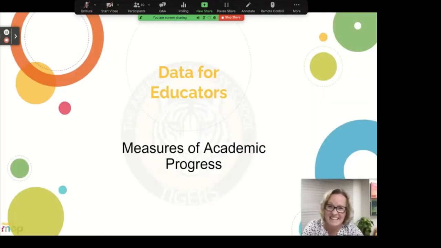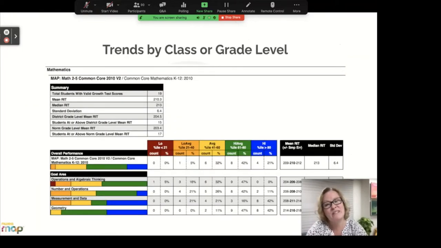Now let's go ahead and look a little bit deeper at what we're going to be seeing as educators. The data for educators is we are going to be looking at trends by class and by grade level. Yes, we're going to get a RIT score in mathematics, for example, but we can break it down even further according to the standards and benchmarks we use here at AES.